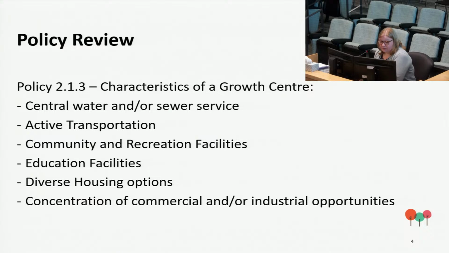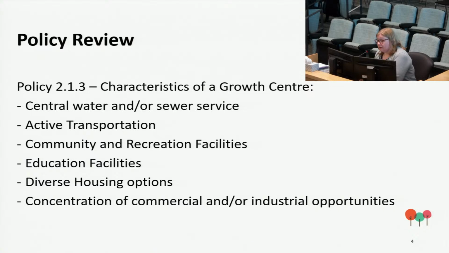And our planning policies do identify the main characteristics of a growth center. Primarily, these are outlined in policy 2.1.3 and include central water and sewer service, active transportation corridors, community and recreation facilities, education facilities, diverse housing options, as well as a concentration of commercial and/or industrial opportunities.